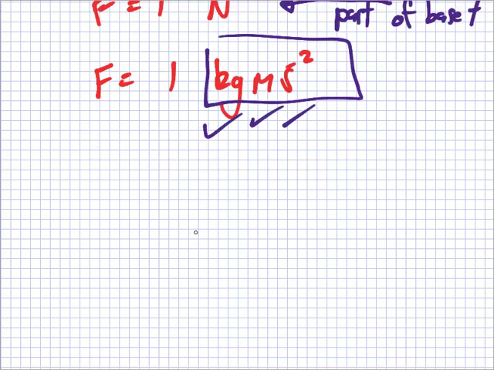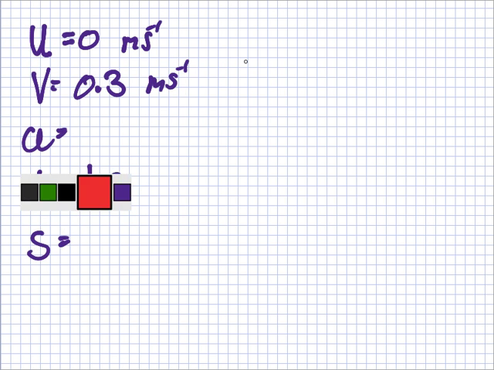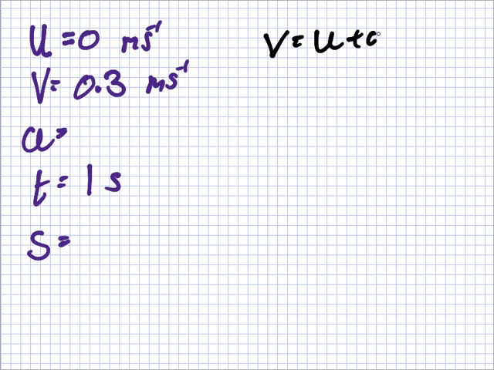So, let's write down our info. We know the U. What's the U? 0 meters per second, to be clear. And V is 0.3 meters per second. And the A we don't know, and the T we do know, 1 second. And the S we don't know. How can I get the A? Well, I can say V equals U plus AT.